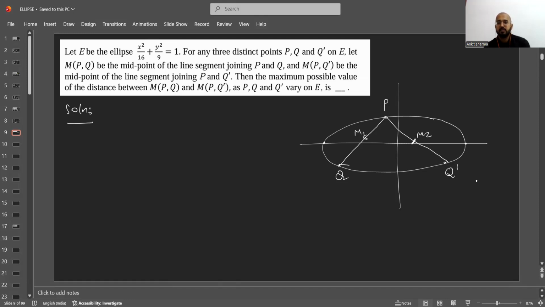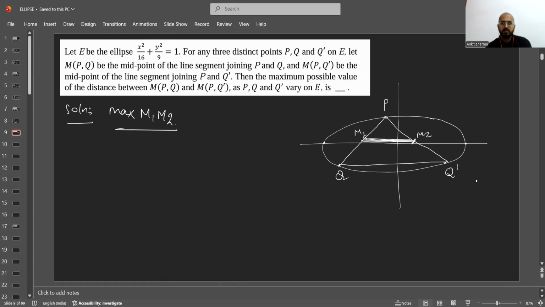Now if I join these two, the question asks for the maximum possible distance between M P Q and M P Q dash, which are M1 and M2. So we want the max of M1 M2. We can solve this question using a basic property from class 10.